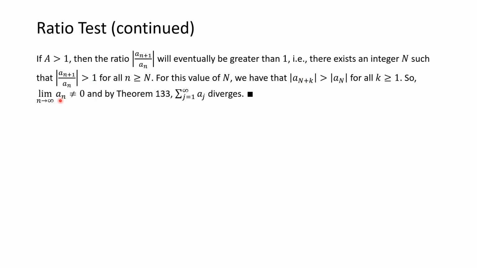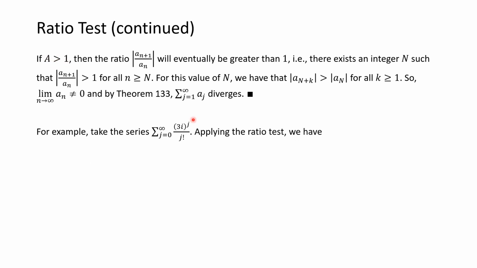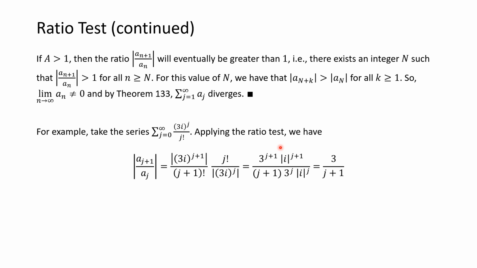So that implies the limit as n approaches infinity of a sub n does not equal 0. And by contradiction to theorem 133, we have that our series diverges in the case that a is greater than 1. So we can take an example here, the sum from j equals 0 to infinity of 3i to the j over j factorial. We plug our terms into our ratio.